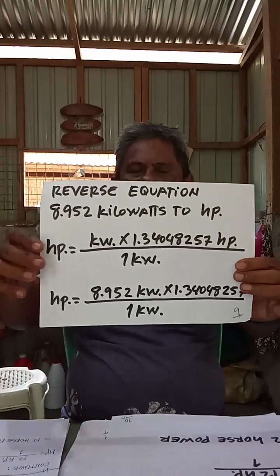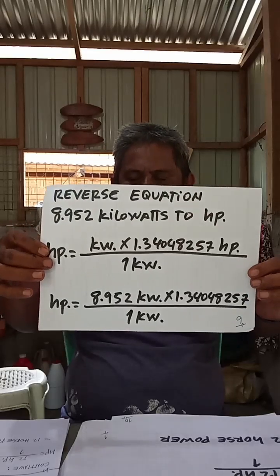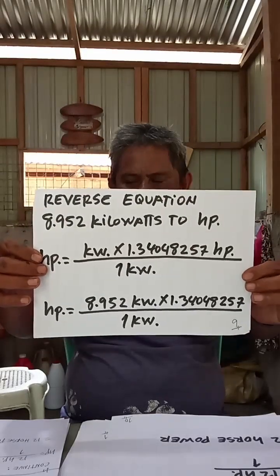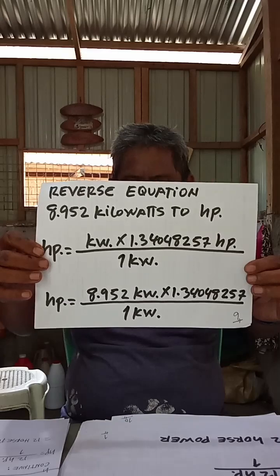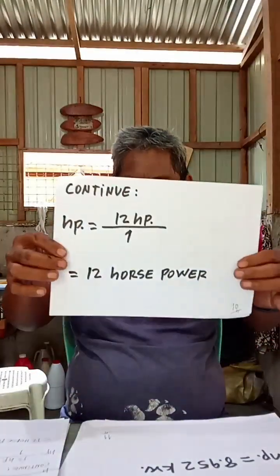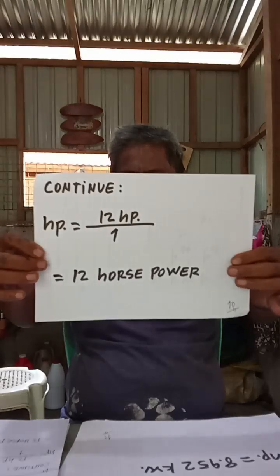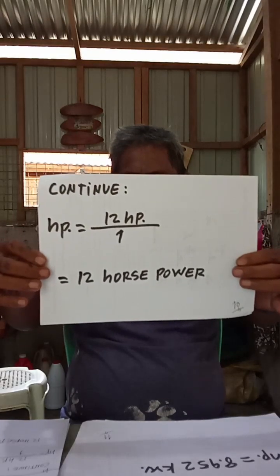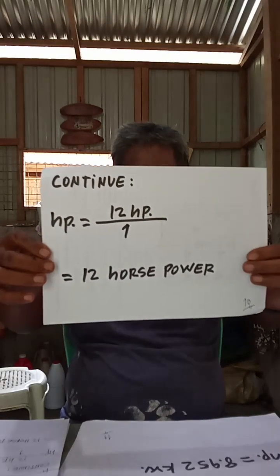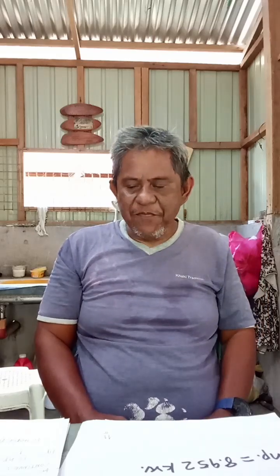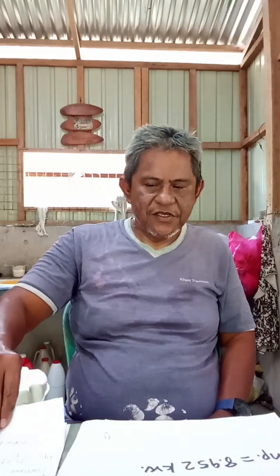So, kilowatt over kilowatt, so cancel ang kilowatt at maiwan ang horsepower. So continue. Horsepower. 12 horsepower over 1 equals 12 horsepower. So, 8.952 kilowatts is equal to 12 horsepower.